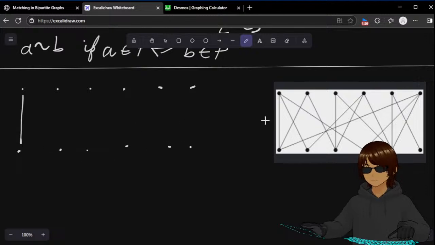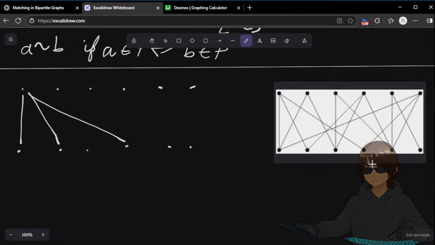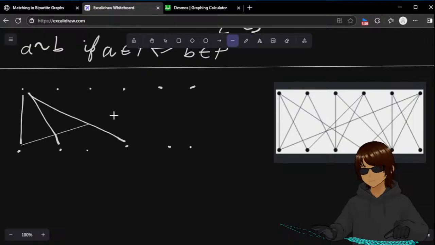Yeah, 2 and 3. 2, 3, 4. And let's just draw these lines. Lines is easier.